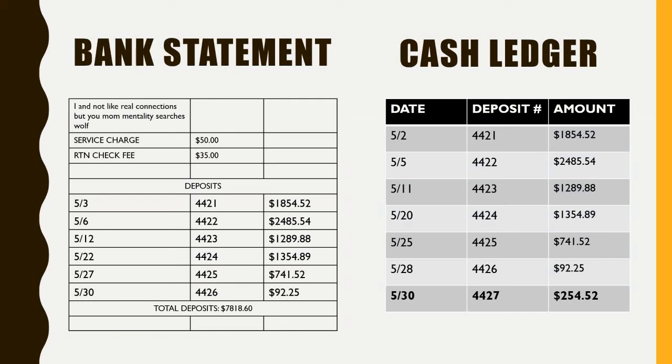Where I would find that would be looking at the deposits section in my bank statement, and I'm going to compare that to my cash ledger. Anything that's a positive number is usually going to be some kind of deposit.